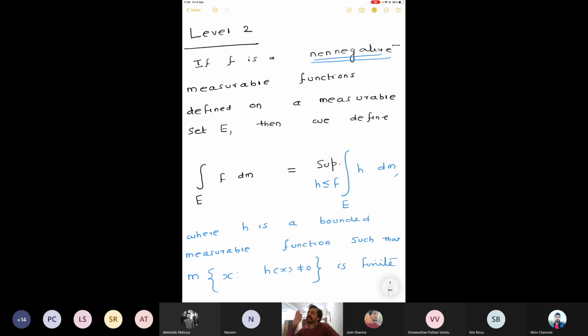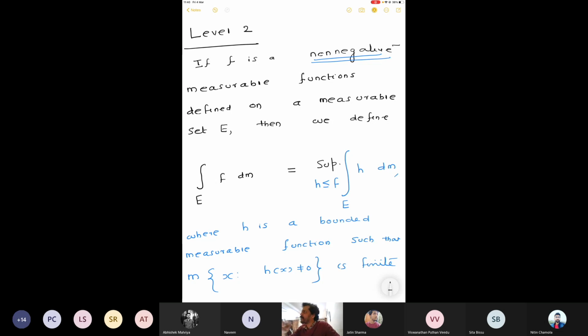So level 0 is clear. What was that? Integration of simple functions. Level 1: integration of a bounded function on a set of finite measure, attacked via simple functions. Now level 2, now we don't need boundedness.